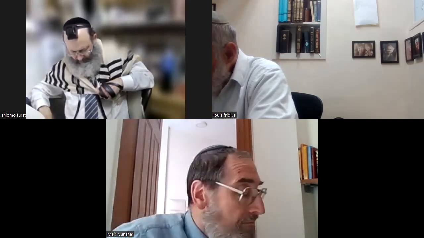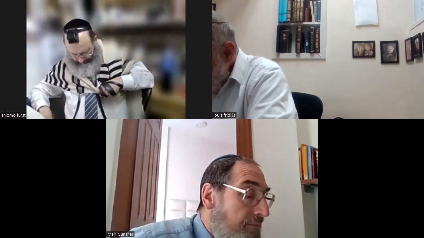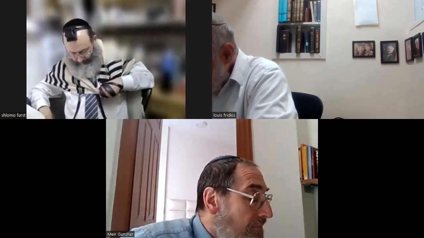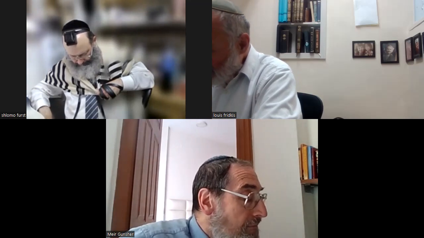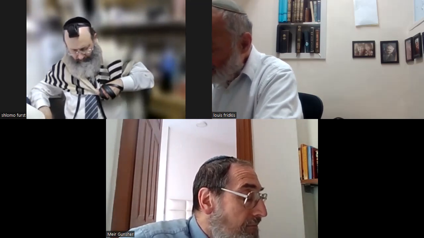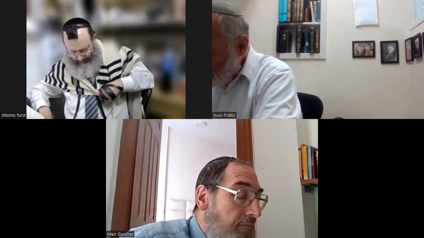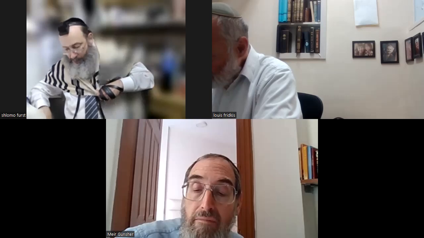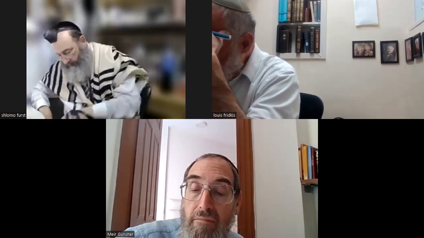That's the building of the sukkah. Before the building, without the roof.